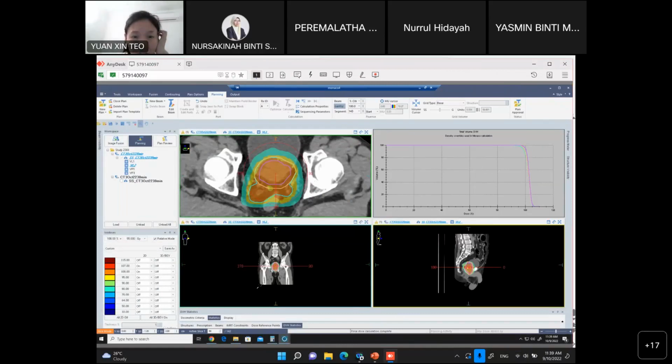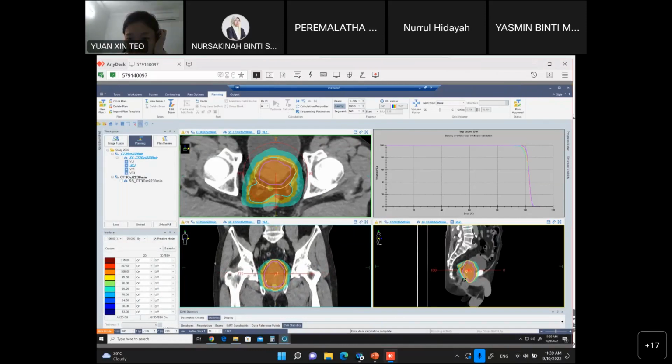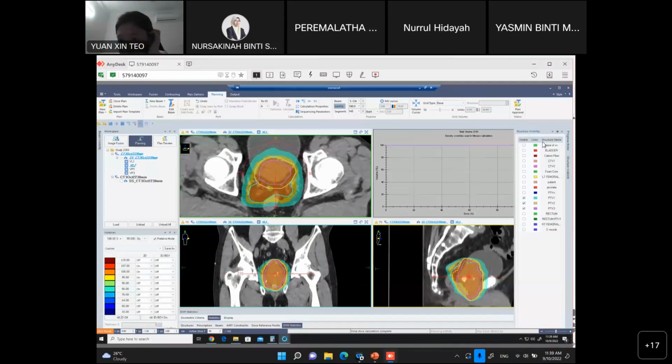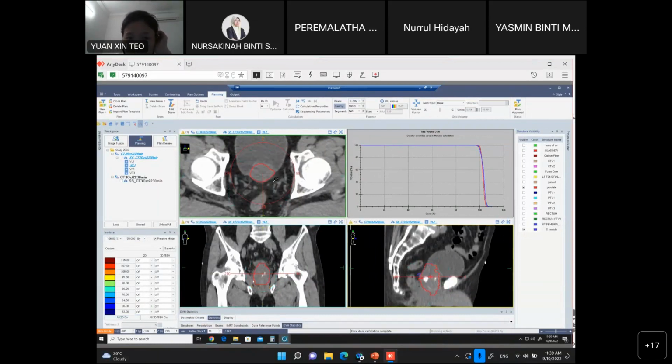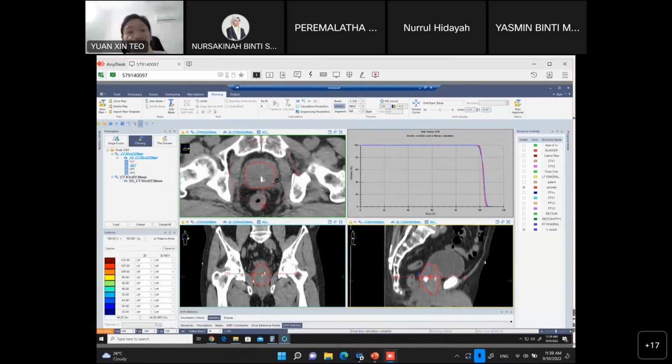After the doctor contours the target, prostate and seminal vesicle, according to the guideline, where globally they do a lot of research and then develop a guideline on how much PTV margin you should expand, and after the doctor applies those guidelines on her drawing, this will be the PTV.